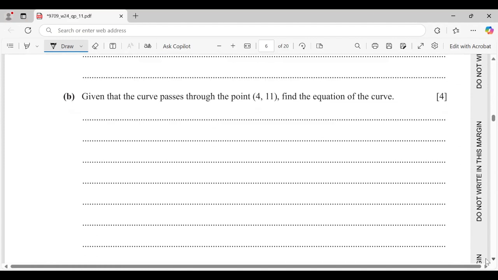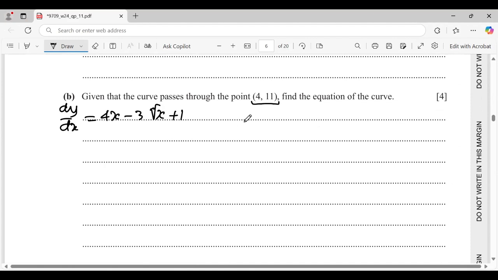Given that the curve passes through the point (4, 11), find the equation of the curve. Given that dy/dx equals 4x minus 3 square root x plus 1, and it passes through the coordinate point (4, 11).